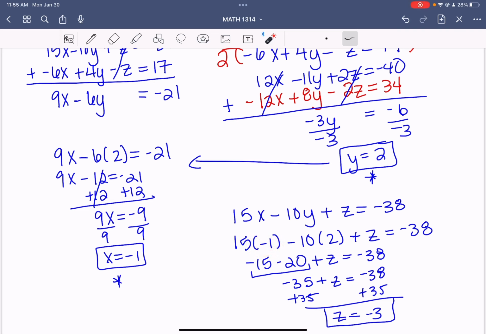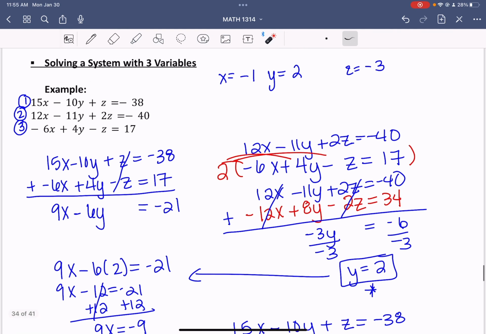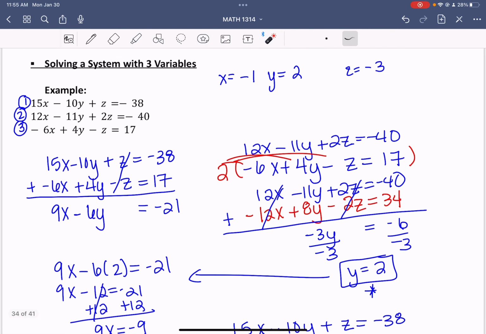Again, we can go through the process and check all these. We can plug every x, y, z value into all three equations, and they'll give us true statements. So we're able to take our skill of solving a system and implement it in a harder situation. This is very lengthy, so we want to explore this idea of three variables, and then we'll build upon it.